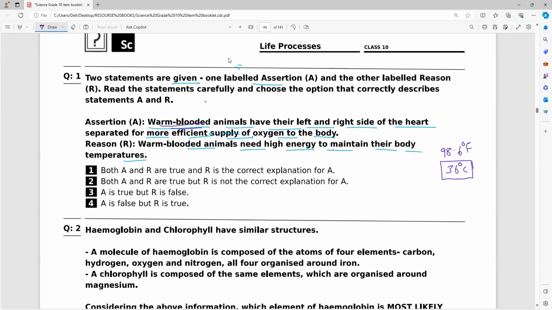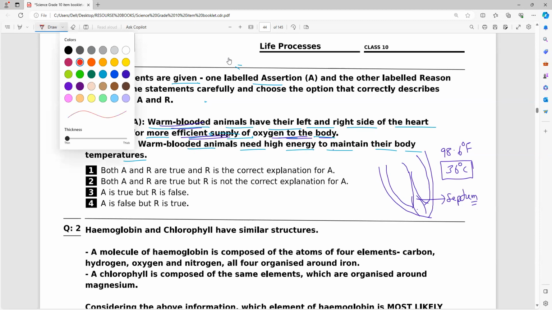So warm-blooded animals have their left and right side of the heart separated for more efficient supply of oxygen to the body. What is the name of that separation? Anybody can tell? Septum. Yes, the septum is the part which separates the left and right side of the heart. What is the reason behind the separation?